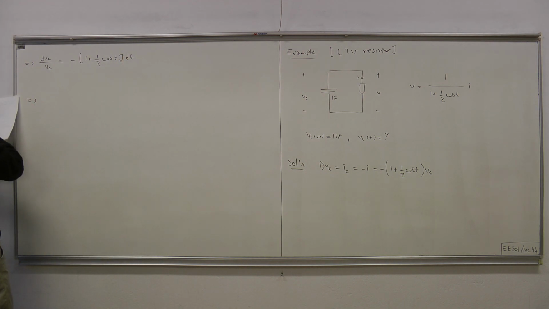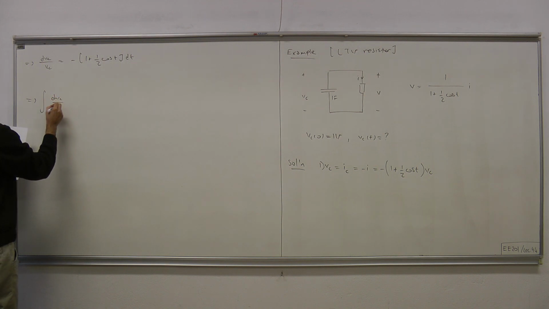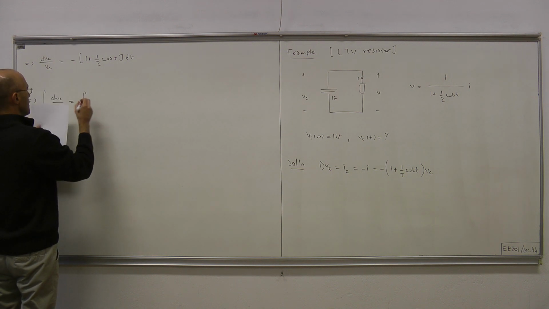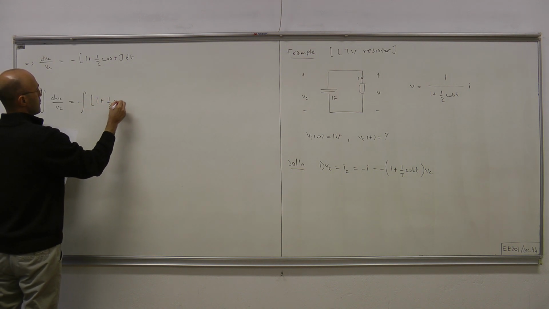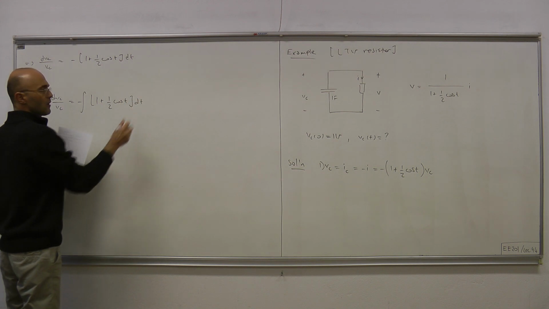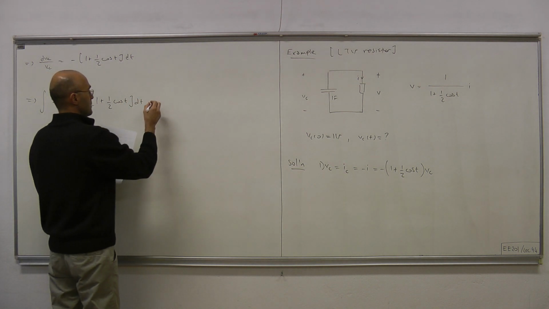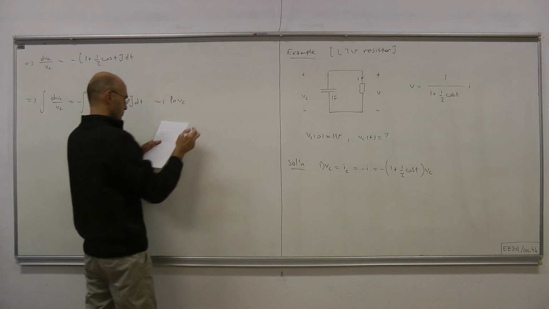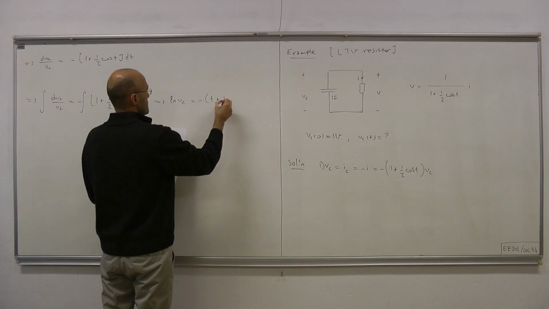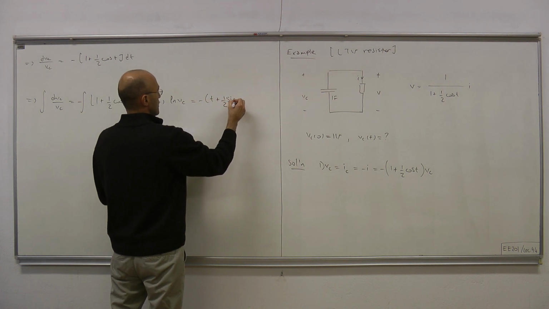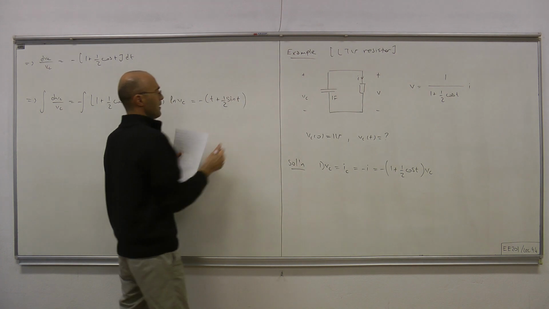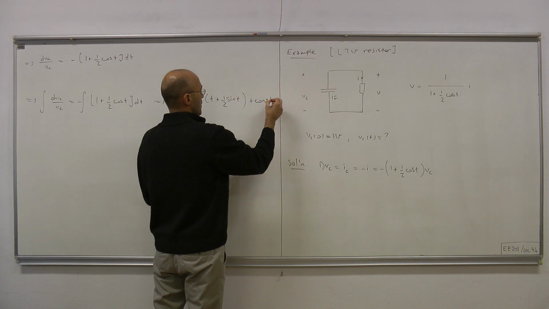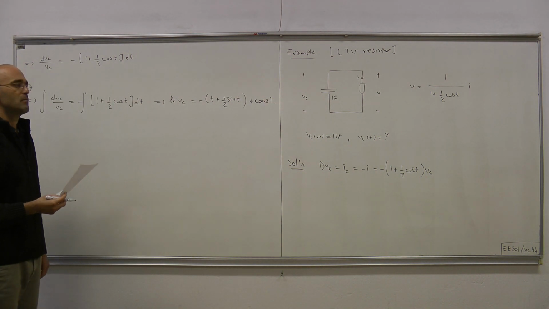Then integrating both sides, that yields ln Vc equals minus t plus 1/2 sine t plus some constant. That constant will be determined eventually by the initial condition.